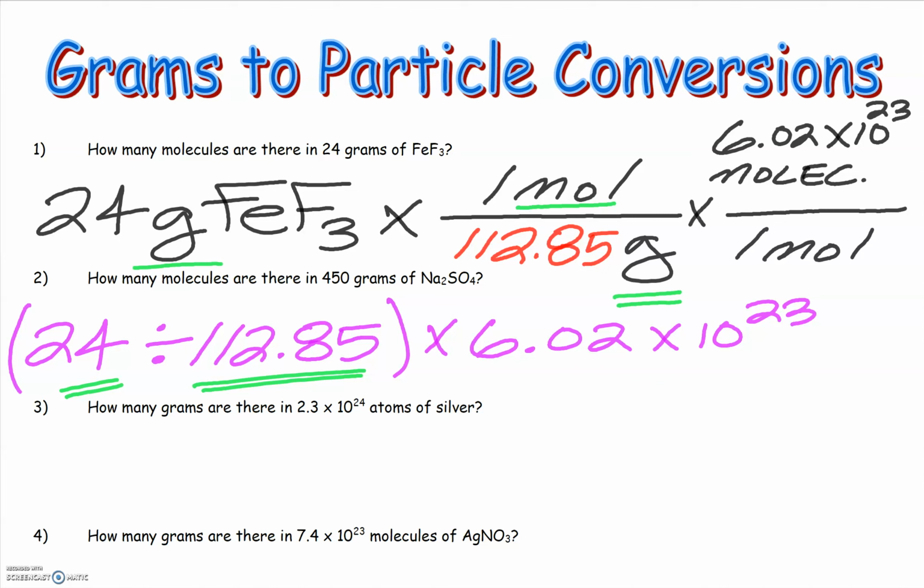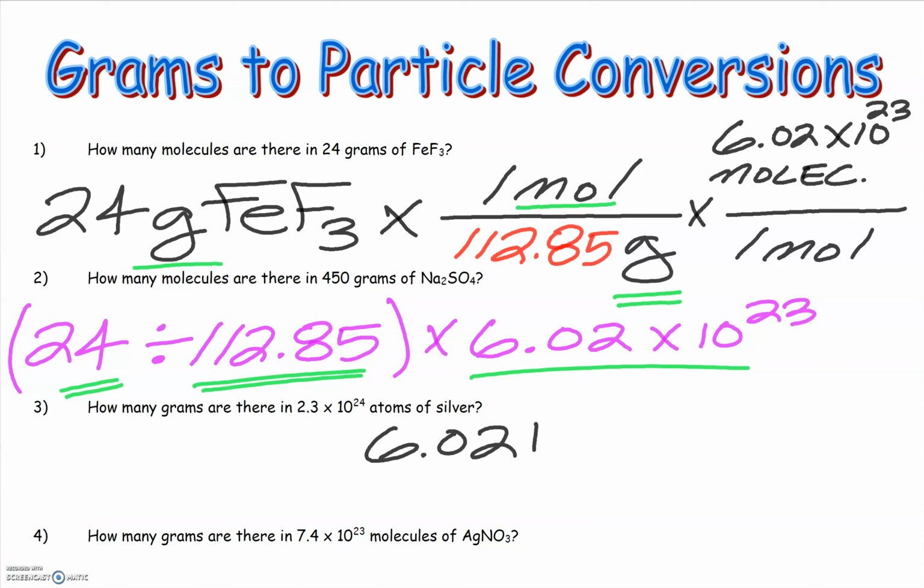And then since the 6.02 times 10 to the 23rd is on top, we're going to multiply times 6.02 times 10 to the 23rd. Now here's the issue, getting that number into your calculator. You can do it a couple of ways. You can plug in 6.02.